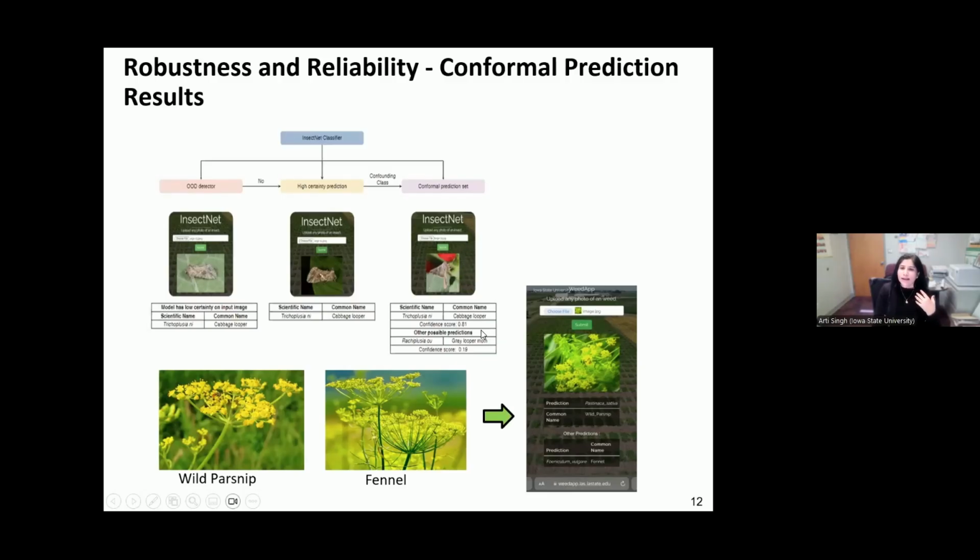It will say that it is confused between these two species, and the top prediction will have the higher accuracy, and the second prediction will have lower accuracy. Same with the example of wild parsnip and fennel. It is confused with this image, but it is saying I'm maybe 80% sure that this is wild parsnip, and I'm 20% sure that this is fennel. So this is where, with conformal prediction and uncertainty quantification, we are trying to improve trustworthiness in these models.